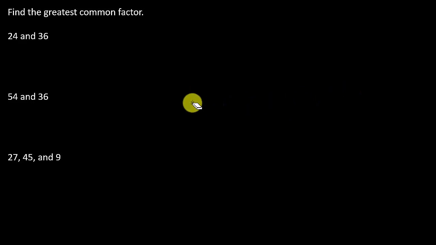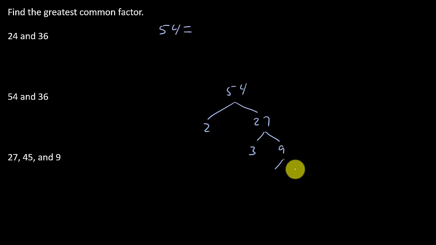So we've got 54 and 36. Let's look at the 54 and break that down. 54 is 2 times 27, and 27 can be written as 3 times 9, and 9 can be written as 3 times 3.